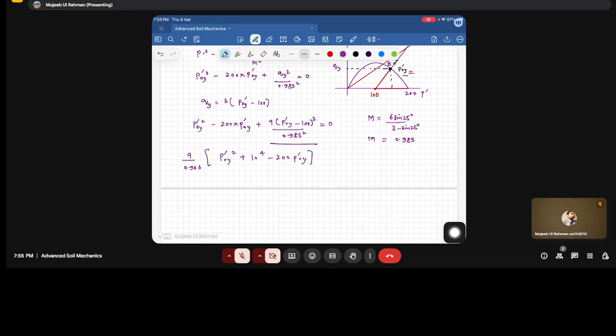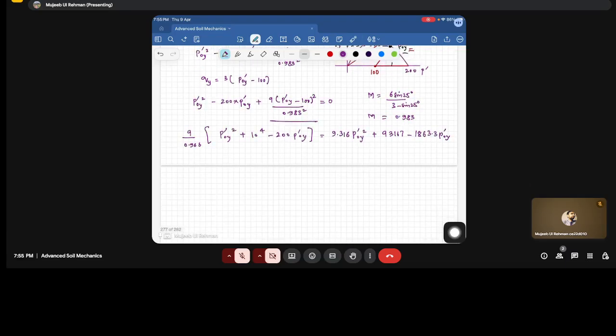So 9 divided by 0.966 will be equivalent to 9.316 p dash 0 y square plus 93167 minus 200 into 9 divided by 0.966, which is 1863.3 p dash. Fine. So now we will replace this. This is around 10.316 p dash here.